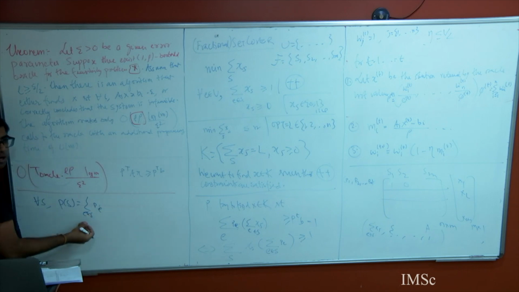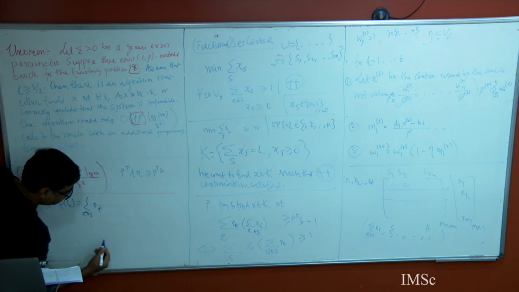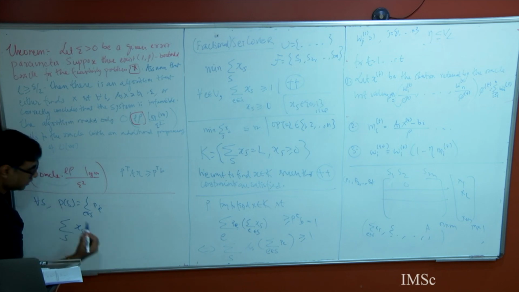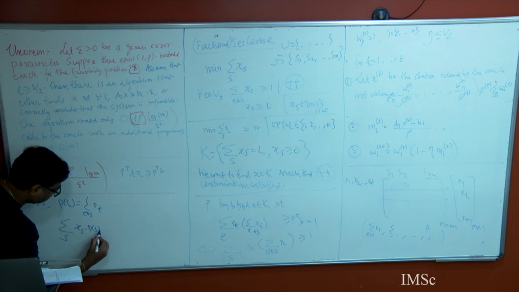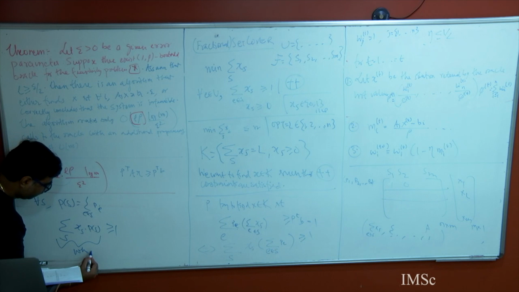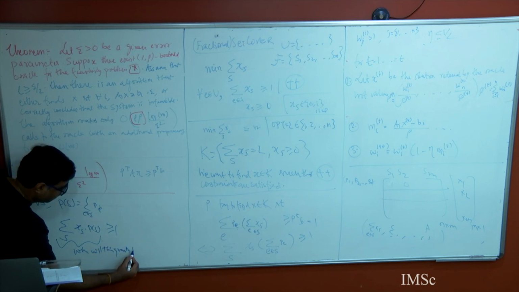This is like the sum over all probabilities of the elements in that set. So then I can write this summation over S, X_S times P of S should be greater than or equal to 1. So when will this quantity be maximized?